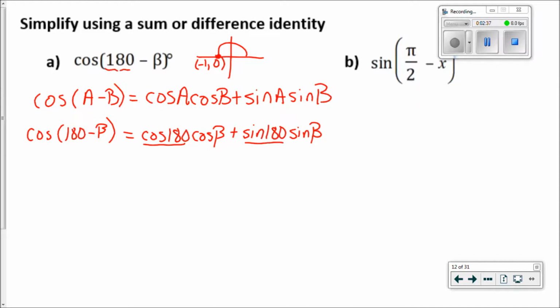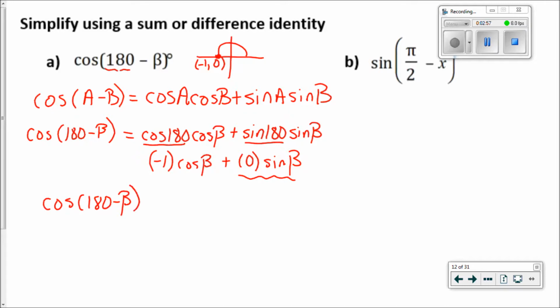And so I would get -1 cosine beta plus 0 sine beta. So this portion is going to disappear when I times it by 0, and I would just get that the cosine of 180 minus this angle is equal to the negative cosine of that angle beta.